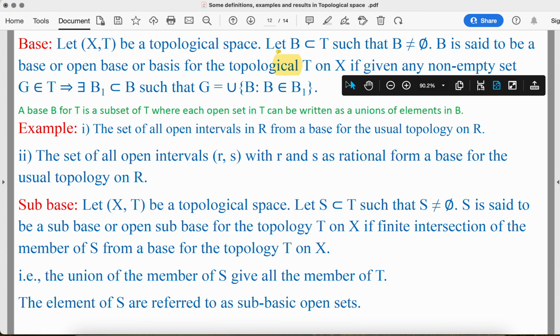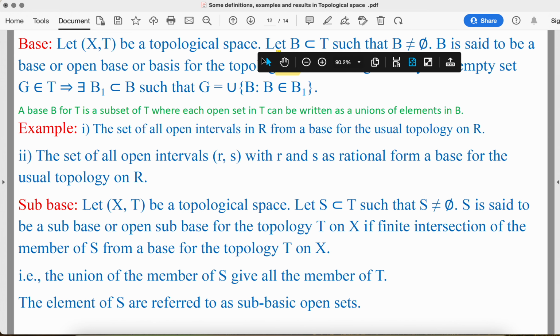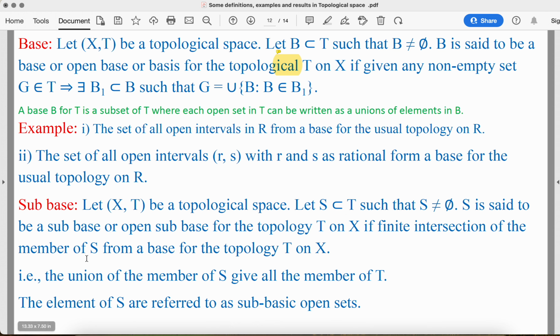Now subbase. Let X, T be a topological space and S is a subset of T such that S is not equal to phi. Then S is said to be a subbase or open subbase for topology T on X if finite intersections of the members of S form a base for the topology T on X. It means unions of members of S give all the members of T. The elements of S are referred to as subbasic open sets.